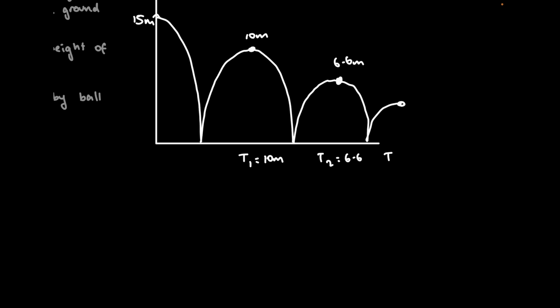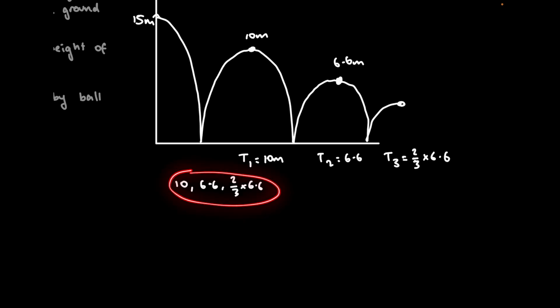Third bounce is going to be 2/3 of that, and so on and so on. So if I have a sequence like this, 10 meters, 6.6, then 2/3 of 6.6, I can work out the sum of an infinite number of bounces according to this pattern, because I know that the common ratio between each of these terms is simply 2:3.